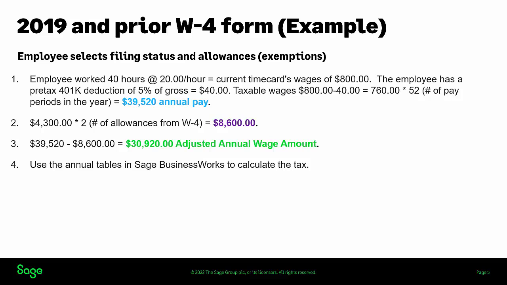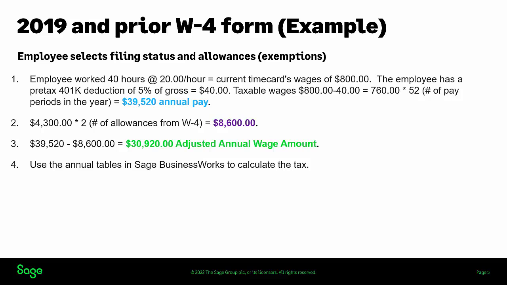When we calculate using the formula, our employee worked 40 hours at $20 an hour. That equals the current time card's wages of $800. The employee has a pre-tax 401k deduction of 5% of the gross, or $40. The taxable wages would be the $800 minus the $40, or $760.